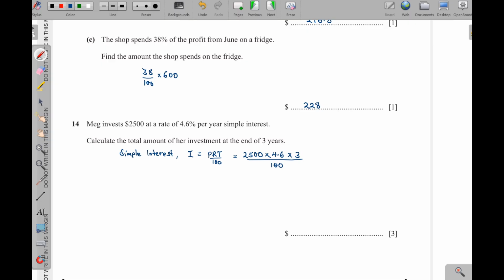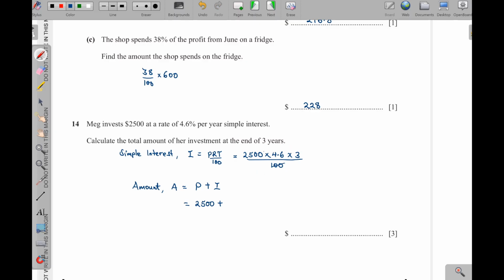And then the amount is equal to the principal, what they invested, plus the interest they have gotten. So this will be 2,500, then plus what do we get here?